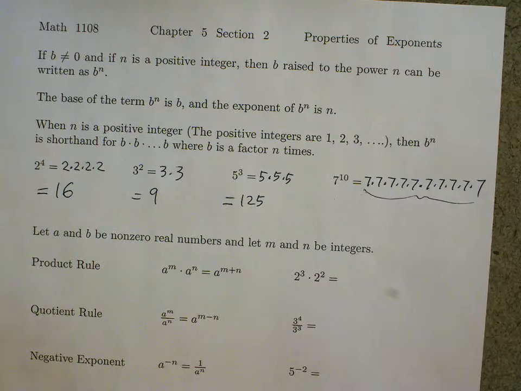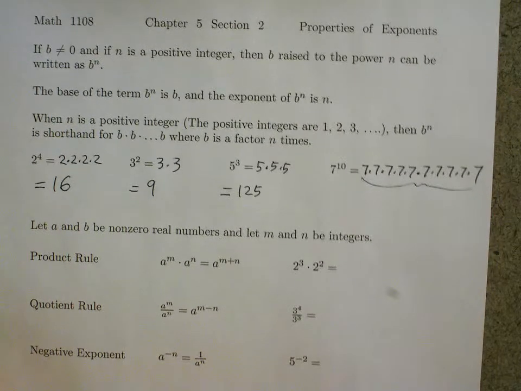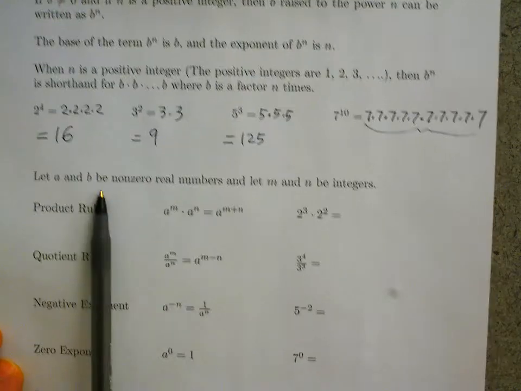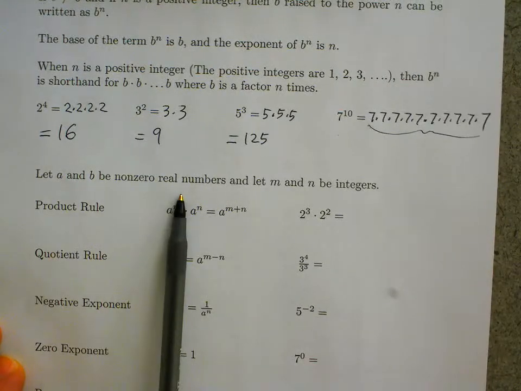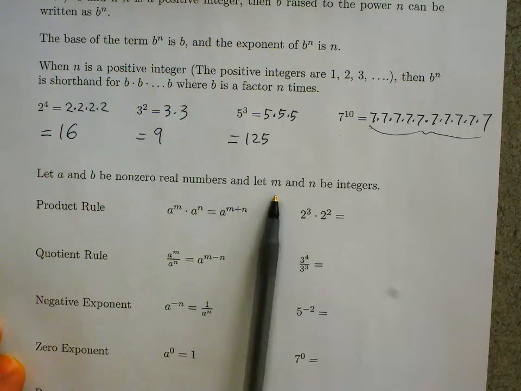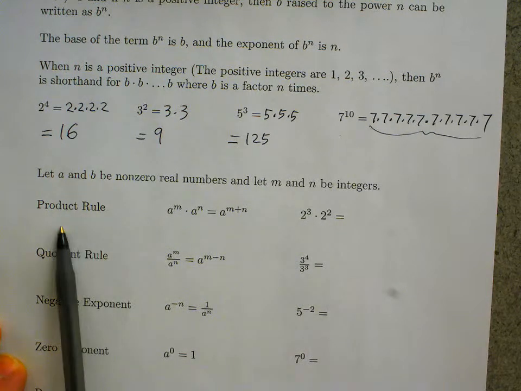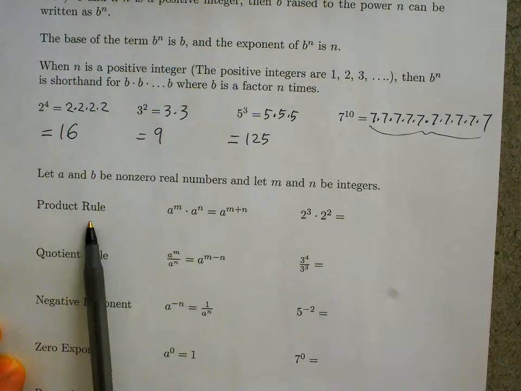Okay, there are properties of exponents. So here we'll let a and b be non-zero real numbers, and we'll let m and n be integers. So here's the product rule for exponents.